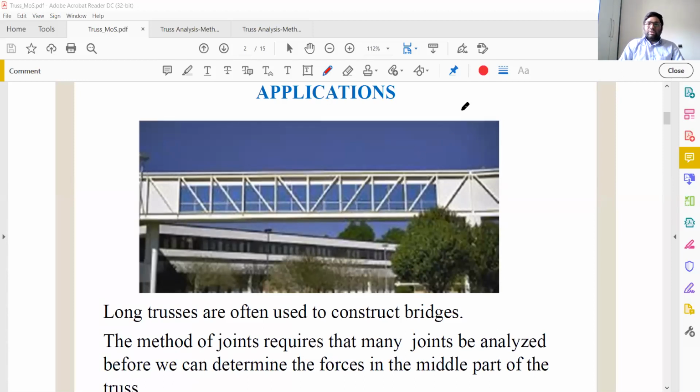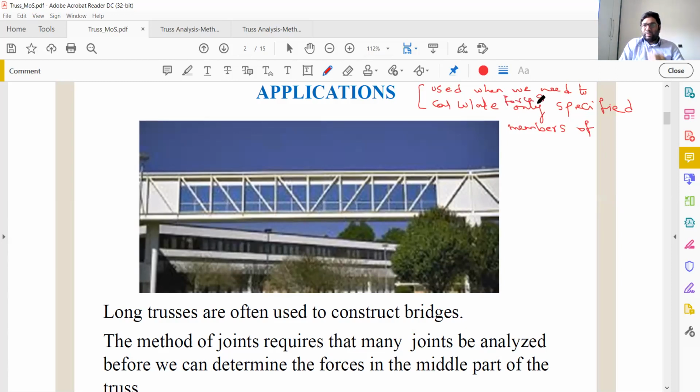The method of sections is generally used, as I already said but am repeating again, when we need to calculate forces in only specified members of a truss. Then the method of sections would hold good.